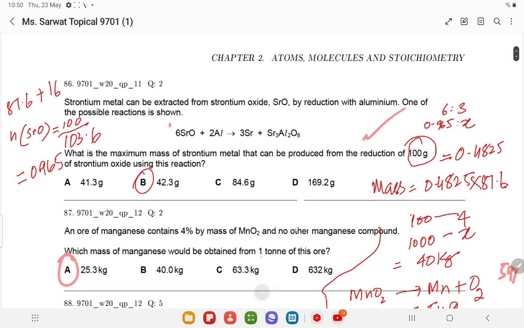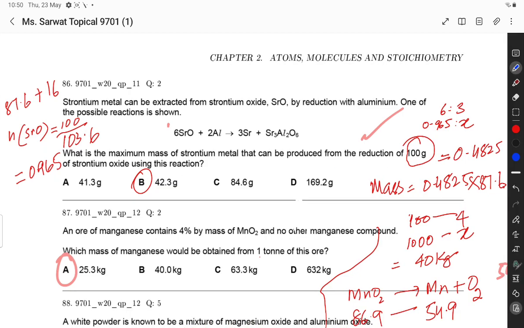Strontium metal can be extracted from strontium oxide by reduction with aluminium. One of the possible reactions is shown. What is the maximum mass of strontium metal that can be produced from the reduction of 100 gram of strontium oxide using this reaction?